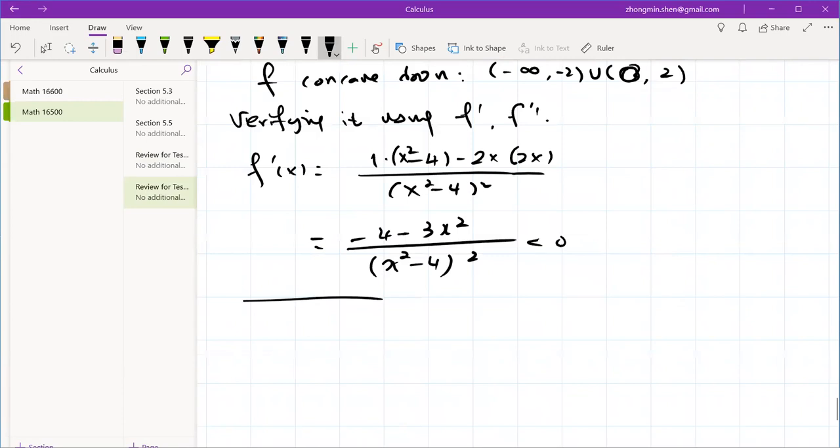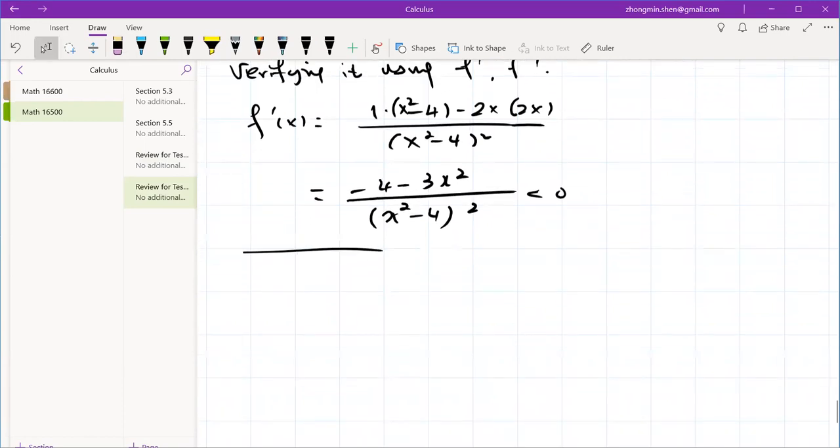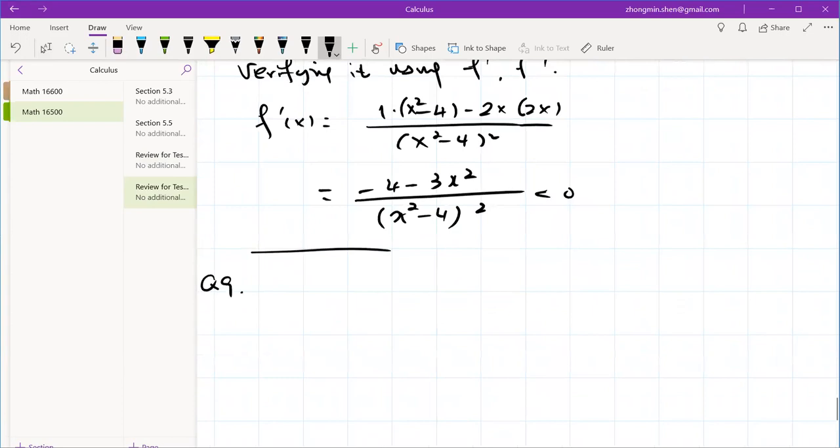Another story problem is about emptying the tank, something, right? So let's look at number 9. Let's write down the problem.